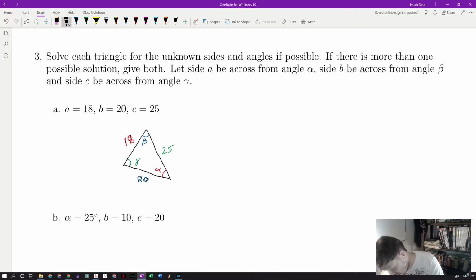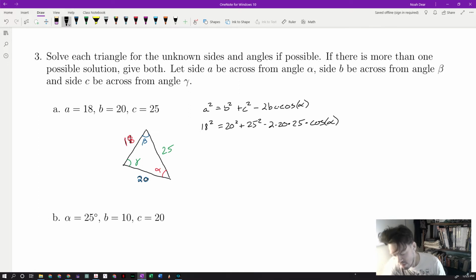I'll go with A squared equals B squared plus C squared minus 2BC cosine of alpha. So I've got 18 squared equals 20 squared plus 25 squared minus 2 times 20 times 25 times the cosine of alpha.